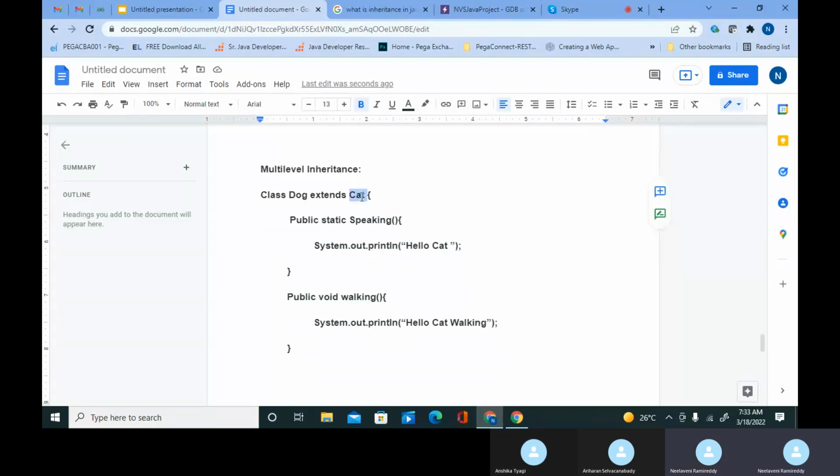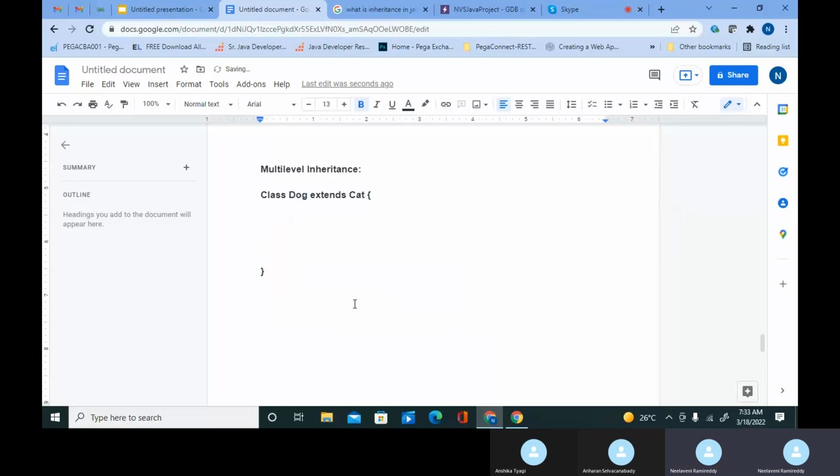If I extend the cat, internally cat extends animal. So now the dog class can access both methods, walking and speaking. Both can be overridden. If you want to access or print the same functionality, it's going to use the same methods in the dog class.